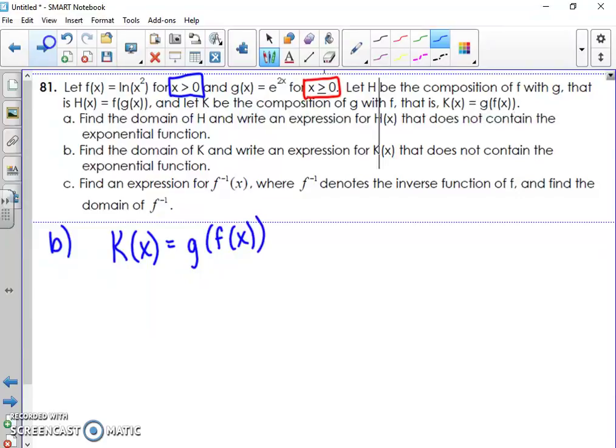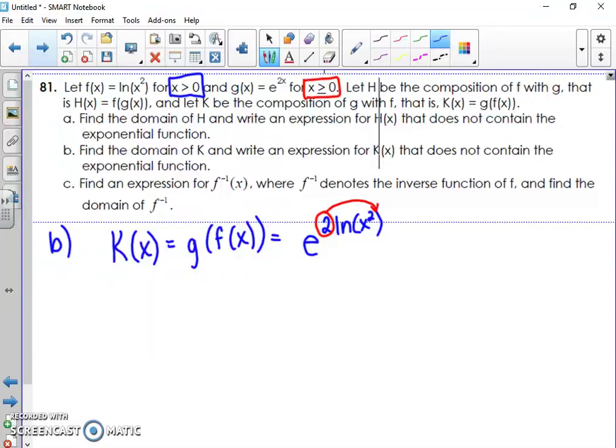So this one's going to be a little bit different. Let's go ahead and find the expression first. So we've got g of f of x. That means we're going to start with our g function, which is e to the 2x, but instead of x, we're going to write natural log of x squared here. Whenever we do that, we can bring this 2 into the natural log as an exponent.